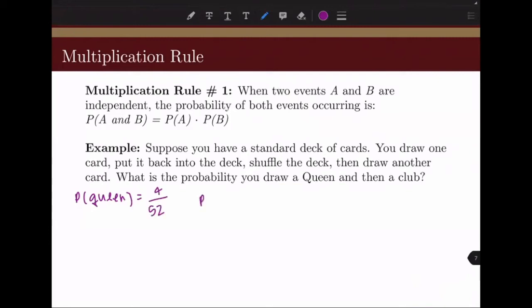The probability that you would draw a club is going to be 13 out of 52 because there are 13 club cards. Remember, there are 13 hearts, 13 diamonds, 13 spades, and 13 clubs that make up our deck of cards.